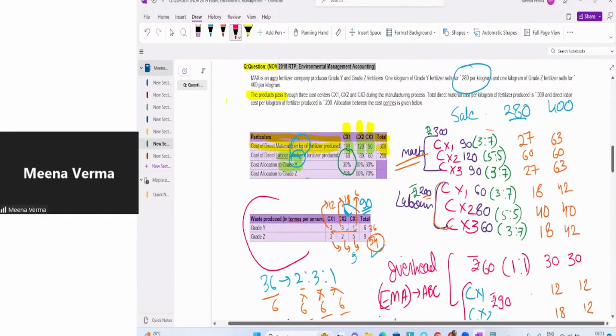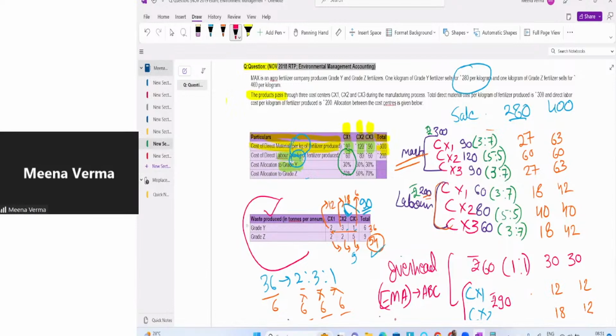Here they have given waste produced in tons by these products, or rather these cost centers. So accordingly, you will allocate the overhead cost on the basis of waste produced.